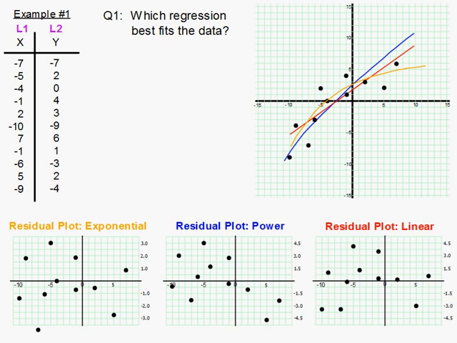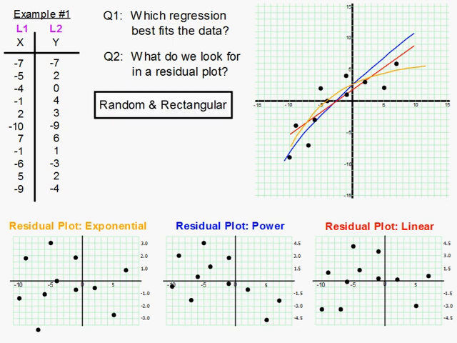Now, the question is, which regression best fits the data, looking at the residual plots, which of course means we have to ask the question, what do we look for in a residual plot? The short answer is random and rectangular. You can kind of see, maybe starting with the linear plot, that there seems to be kind of a pattern here.